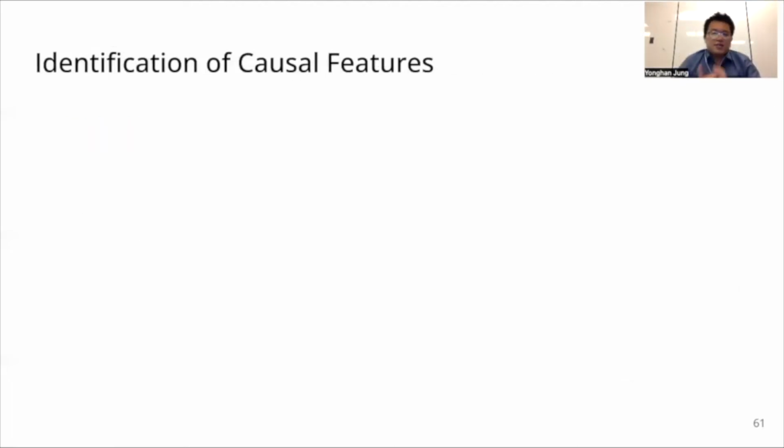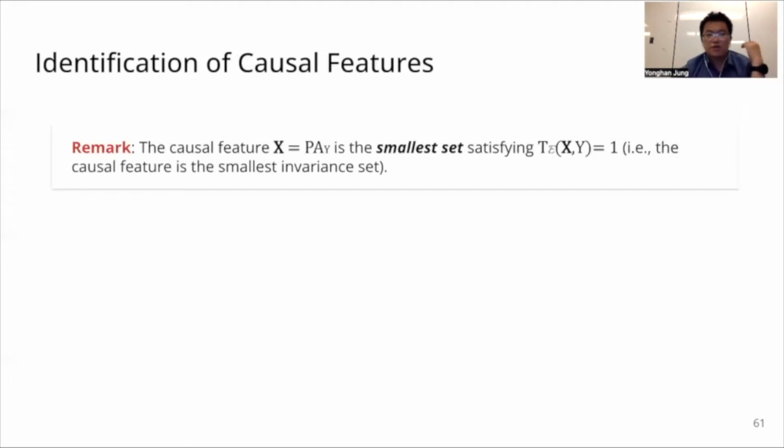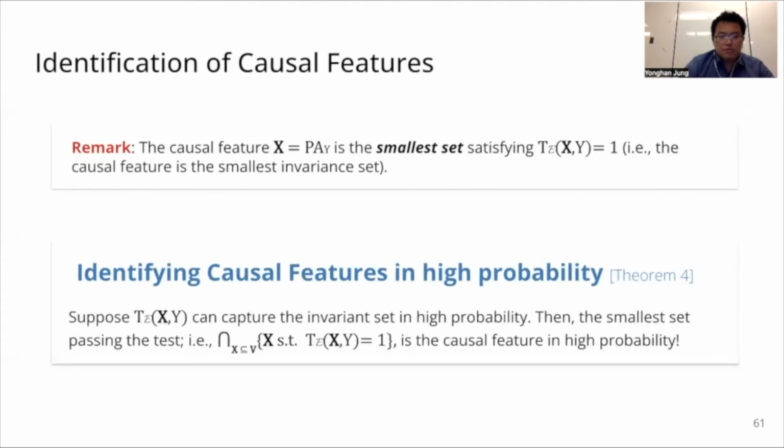With this test function, we can identify the causal feature as follows. We first note that the causal feature is the smallest set passing this test, meaning the causal features are the smallest invariant set.